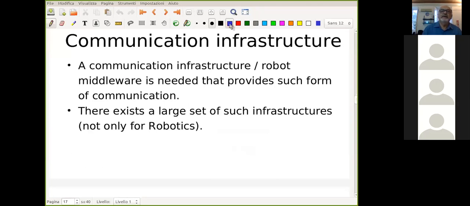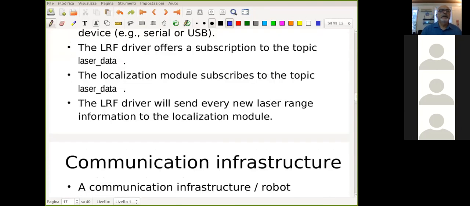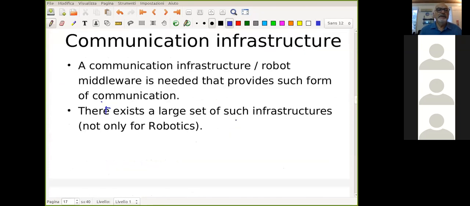You mean the last slide? Go back. Yeah, here. LRF driver? What do you mean by a driver?